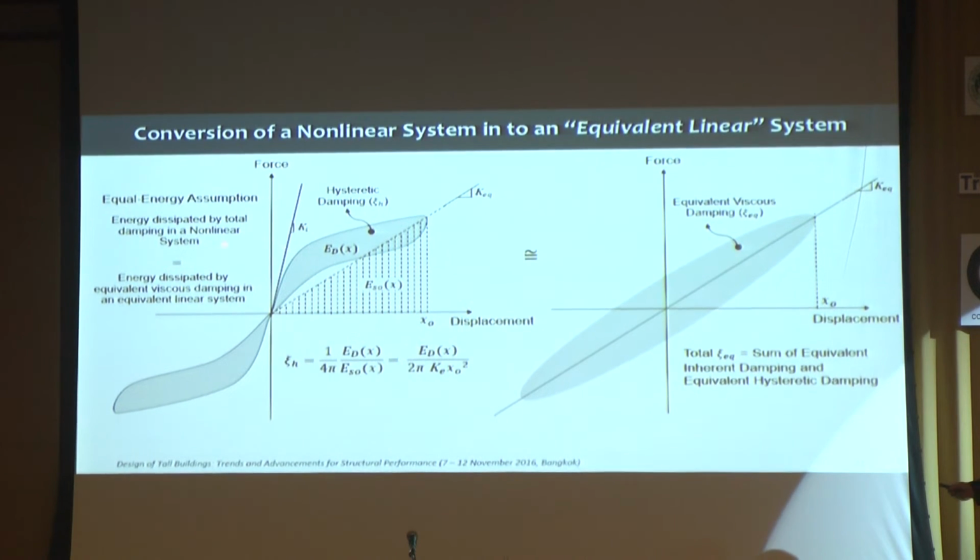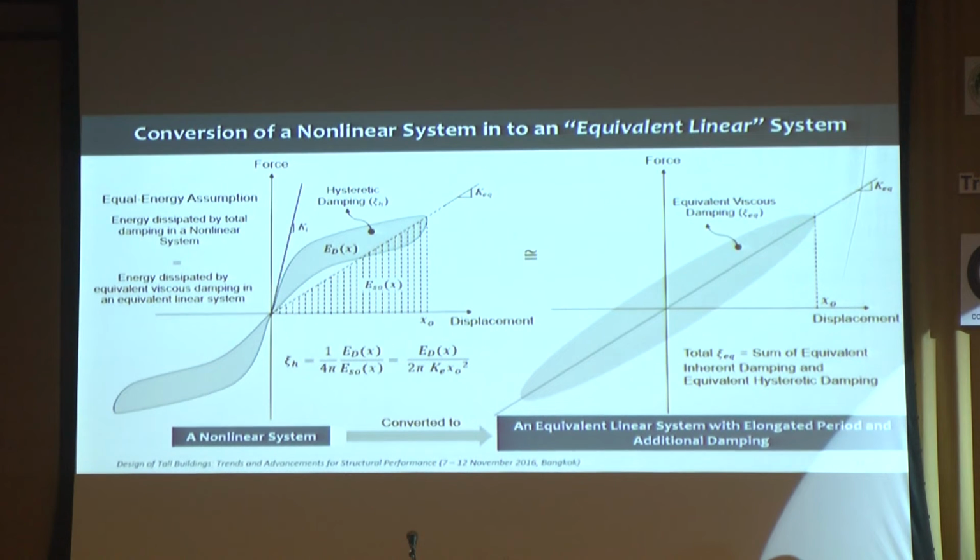When we equate these two areas, we come out with an additional hysteretic damping. So just add that damping to your equivalent linear system, and it is ready to mimic the behavior of that nonlinear system. So this is the basis of conversion. We can convert a nonlinear single degree into an equivalent linear one with elongated period and additional damping.